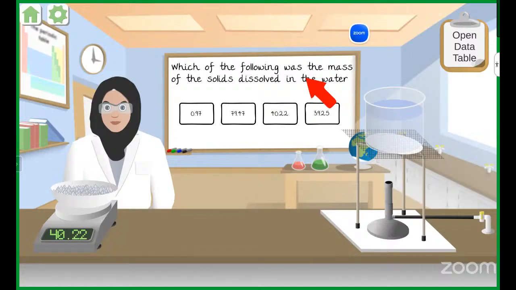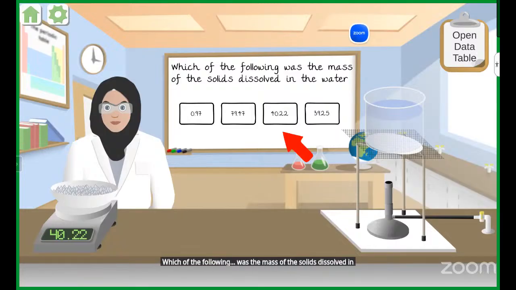Which of the following was the mass of the solids dissolved in the water? Good. So you have four options in there. So what is the correct option? What is the correct answer? 0.97.